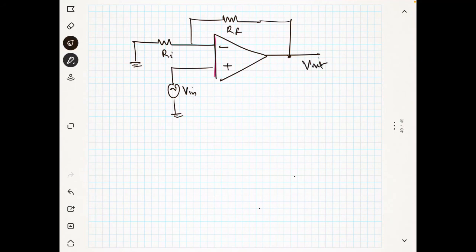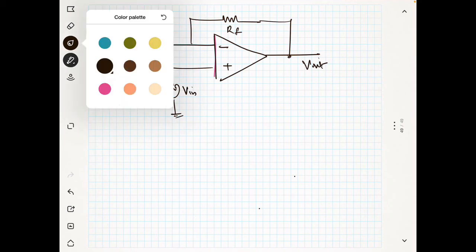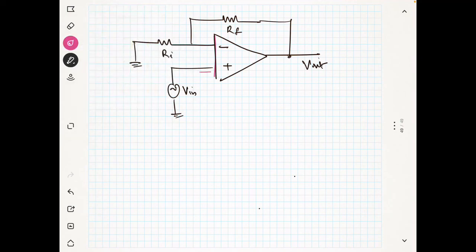Now I told you that the current going into the op amp, let's say this is I1 and this is I2, is equal to 0 and this is also equal to 0. Now I told you the voltage at this point is V in, because this is connected here, this is part of the same circuit, and this voltage is VA, but it is approximately equal to V in, right? So VA is approximately equal to V in, and I can now solve the circuit very easily.